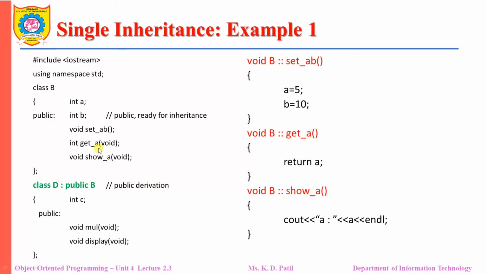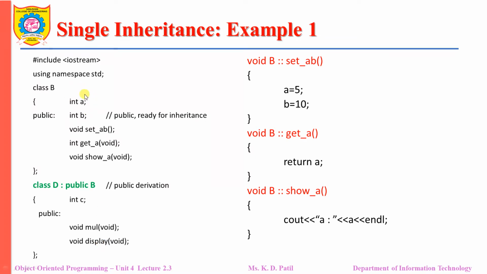And so, all the members which are public in class B will be accessible to class D. That means all the members under the public section of class B will be accessible by the object of class D. So class D will have the members integer B, void setAB, integer getA, void showA, which are inherited from class B, and its own members like integer C as a private member, and void mul and void display as public members.